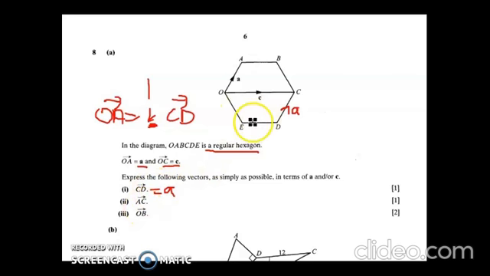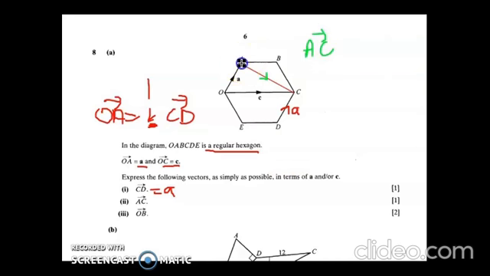Now AC. Let's make a line to AC to see what's actually happening. Okay. So now this is AC, in this direction. So how do we basically write it? We use the addition rule.